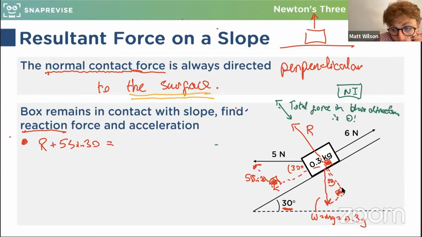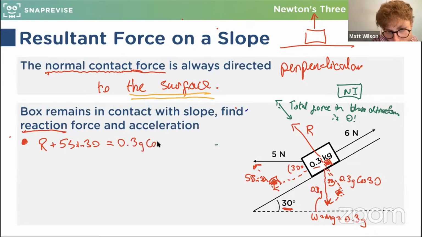Okay, so given that, and you'll have to assume that for now, and given that this part here is 0.3 g, we know that this here is 0.3 g times cos of 30. So that's the force in the other direction, and we know these forces have to balance. This is 0.3 g cos 30. Now we wanted to find the reaction force, so let's rearrange.